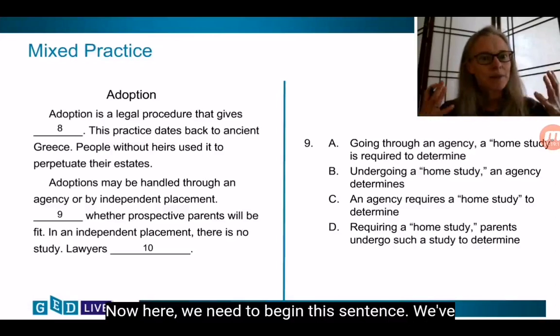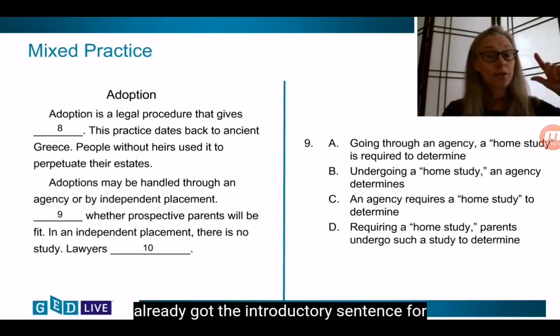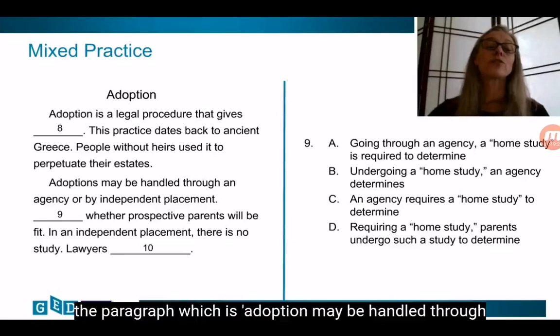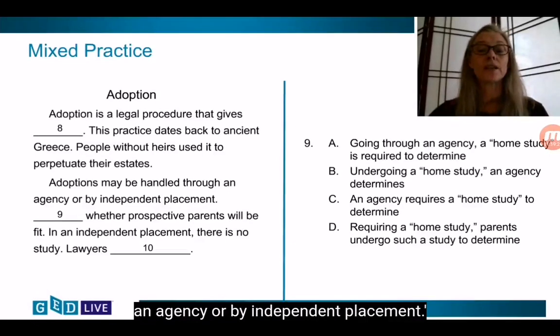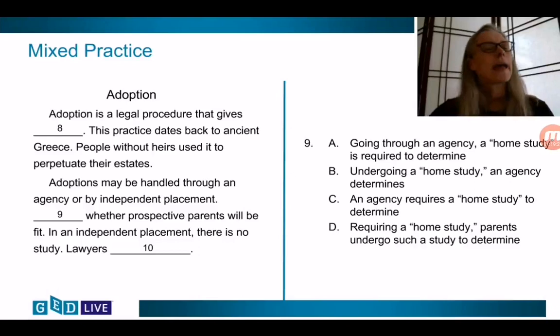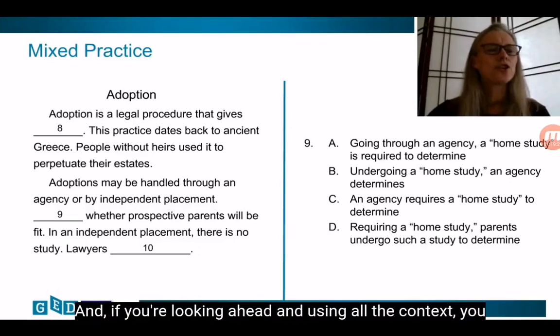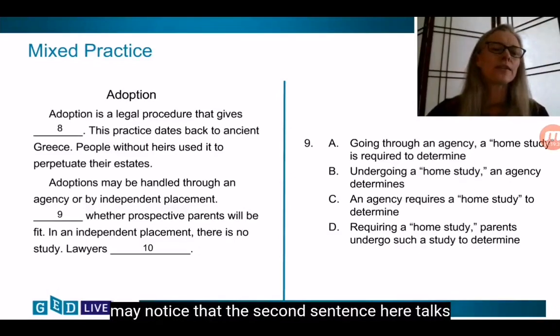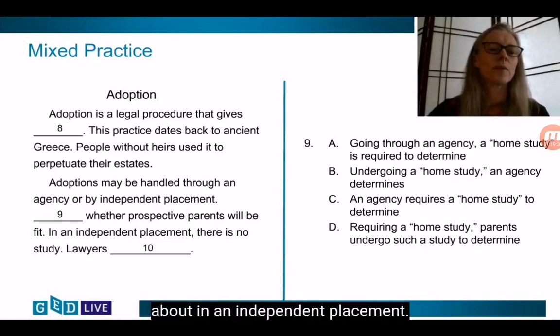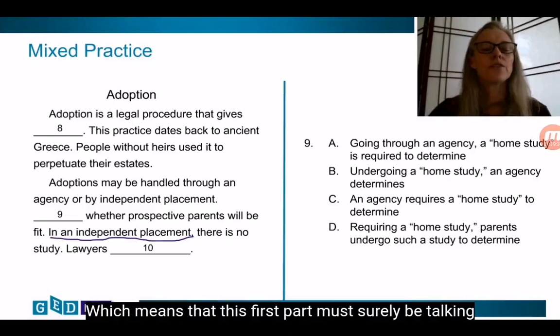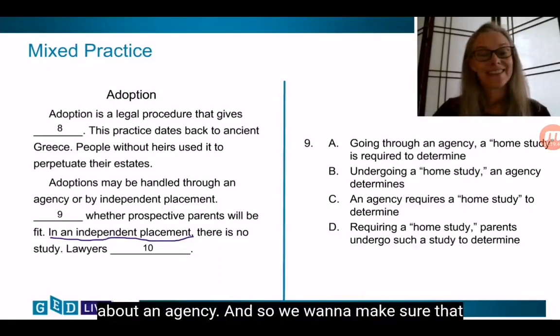Now here we need to begin this sentence. We've already got the introductory sentence for the paragraph, which says adoption may be handled through an agency or by independent placement. And if you're looking ahead and using all the context, you may notice that the second sentence talks about an independent placement, which means that this first part must surely be talking about an agency.